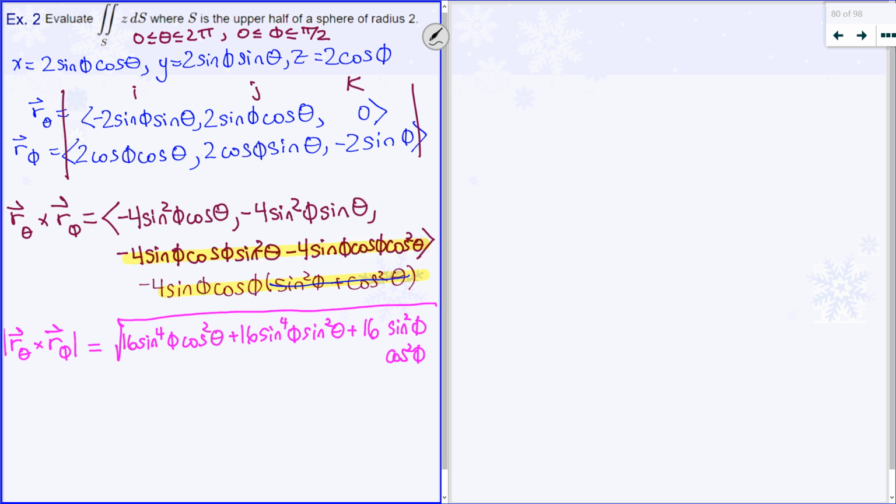Okay, so what I noticed here is that, due to the sine squared plus cosine squared, this is just 16 sine to the 4th phi. And then I have that extra term on the end, so I'll just add that as plus 16 sine squared phi cosine squared phi.